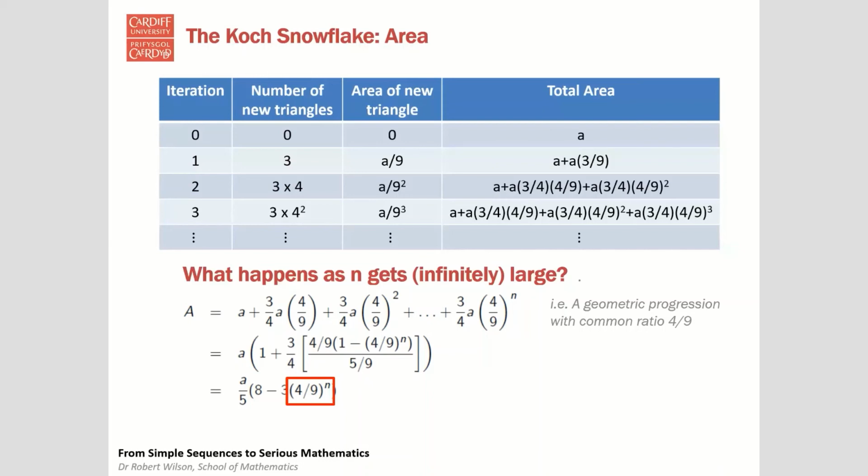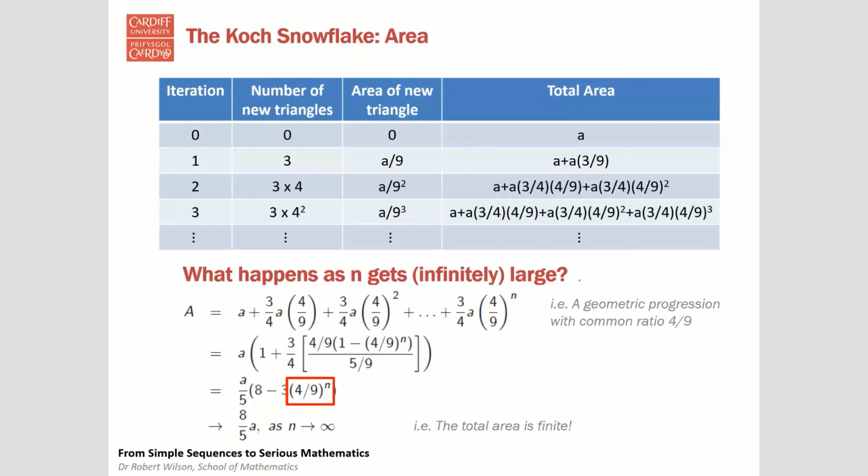So as n goes off to infinity, as n increases, that number in the bracket is going to get smaller and smaller until it tends to 0. In other words, the area of our shape, as n gets infinitely large, as the number of iterations gets infinitely large, is finite.